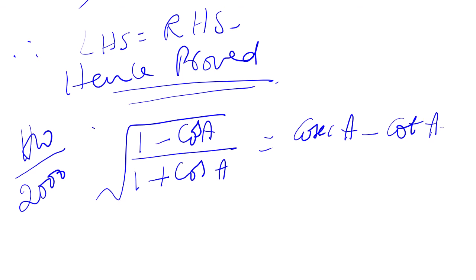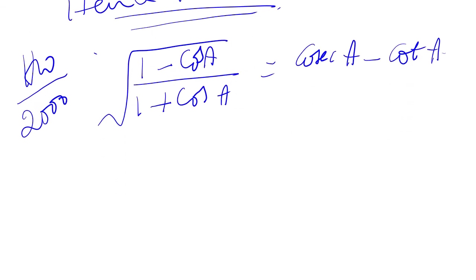You have to multiply by 1 minus cos A because it is plus here. So you will get 1 minus cos A whole square, and here you will get 1 plus cos A into 1 minus cos A, that is again the a plus b, a minus b formula, and same way you will do it. So this is homework for you.